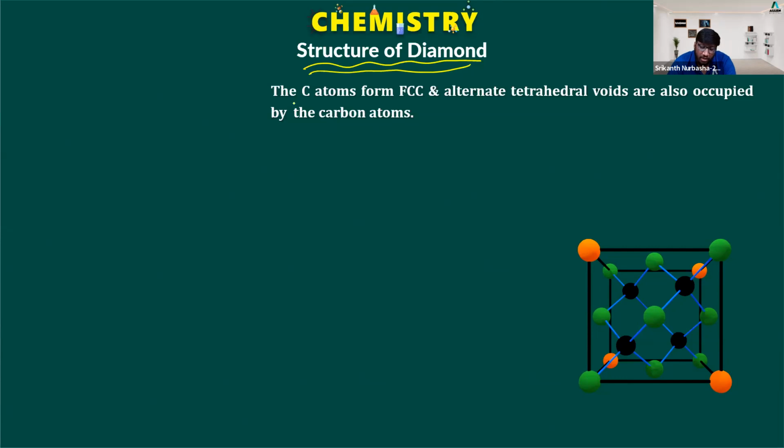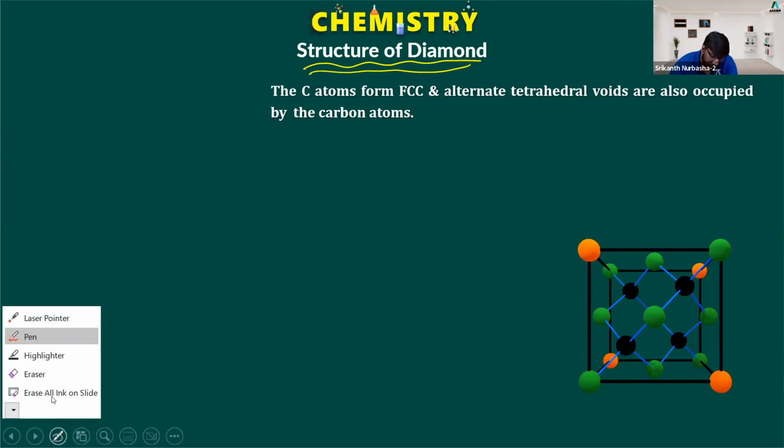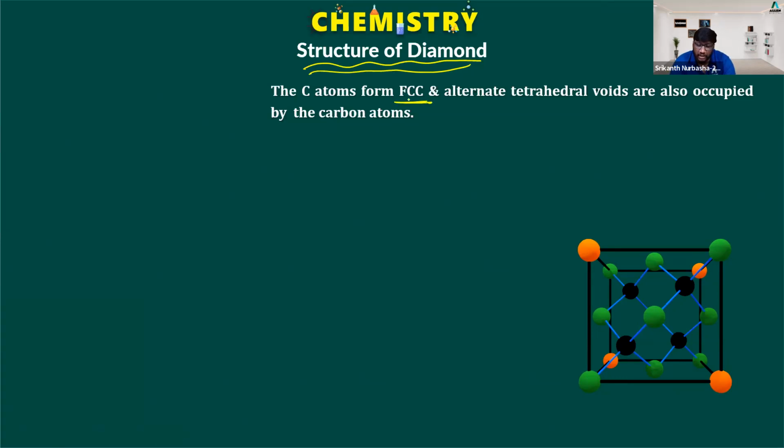In diamond, what happens? The carbon atoms form an FCC unit cell, that is CCP, and alternate tetrahedral voids are also occupied by carbon atoms. Generally in an ionic solid, the anion forms the lattice, and cations occupy the void spaces. But here in the covalent solid, we do not have cations, we do not have anions. The atoms are repeating in a 3D structure.